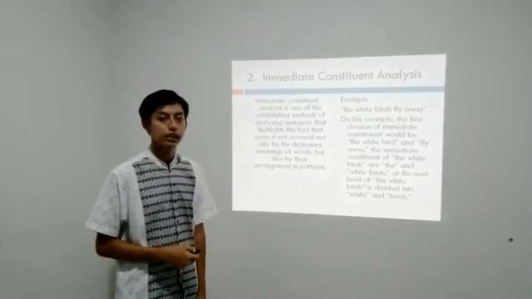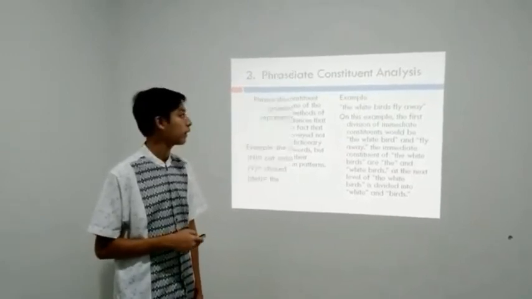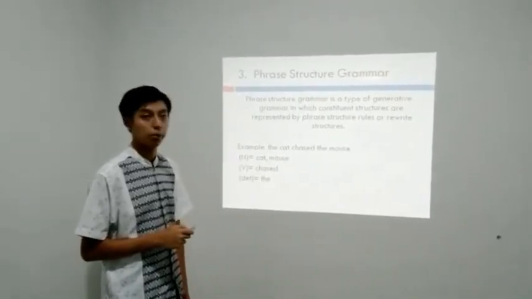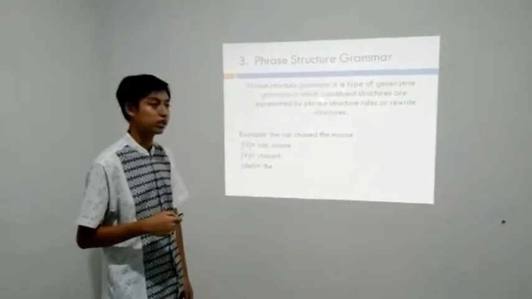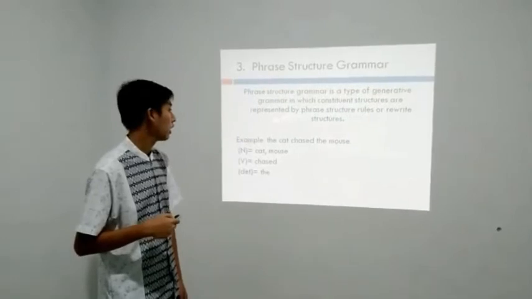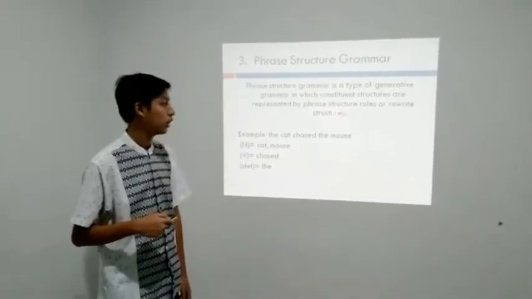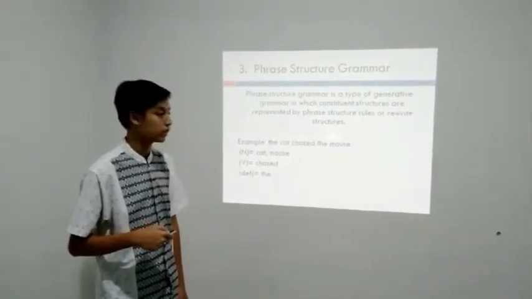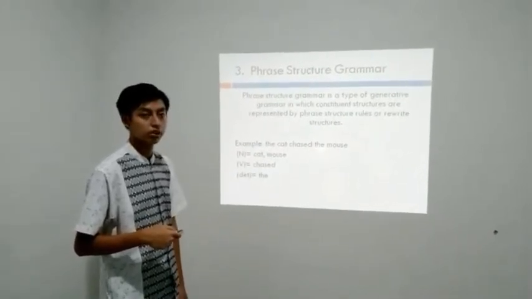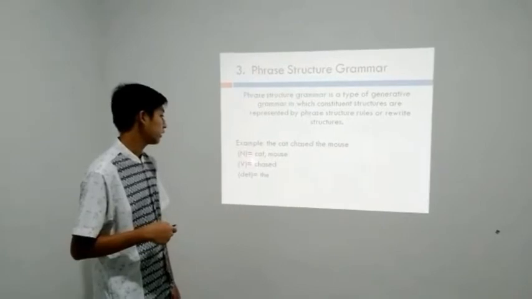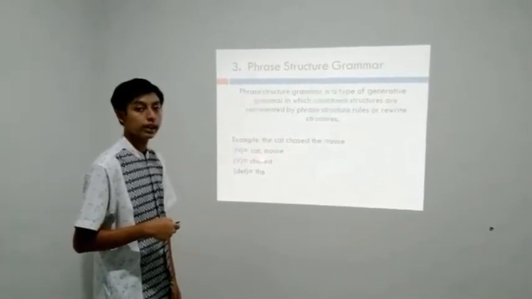So, let's start the next topic. Phrase structure grammar. Phrase structure grammar is a type of generative grammar in which constituent structures are represented by phrase structure rules or rewrite rules. For example, the cats chase the mouse. The nouns are cat and mouse.